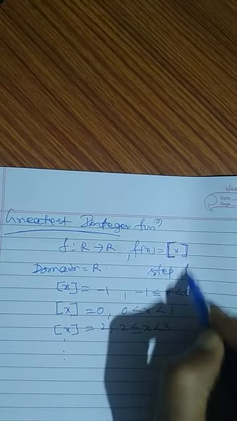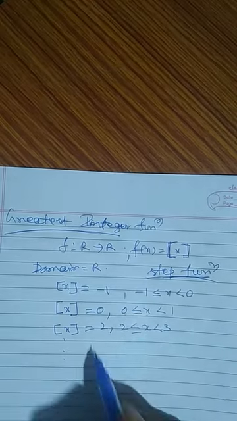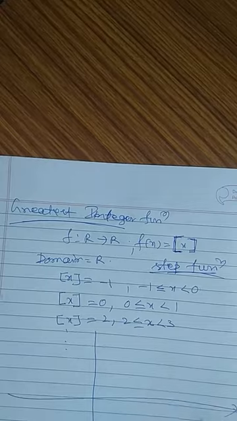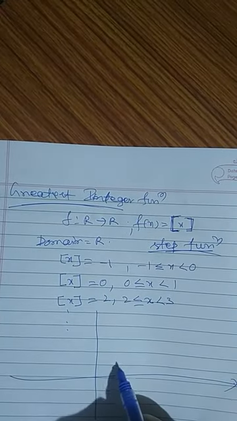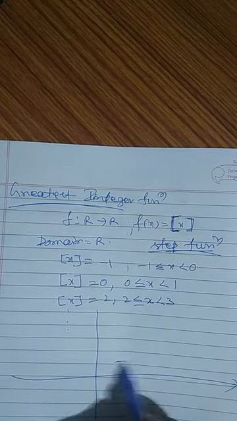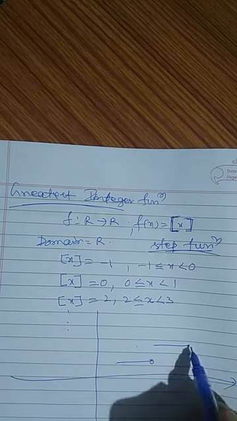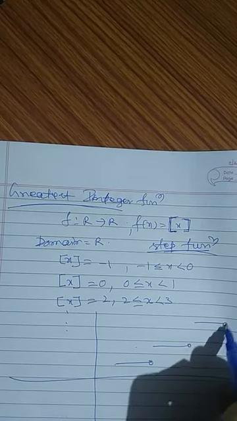Why step function? Because if you plot the graph of the greatest integer function with respect to these values, it looks just like steps. That's why the greatest integer function is called the step function.